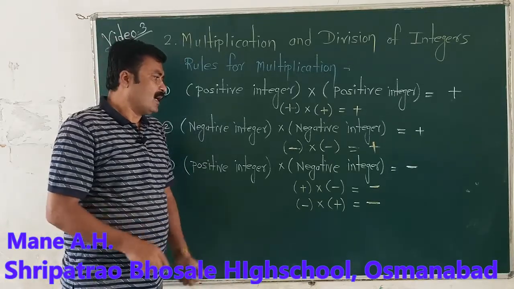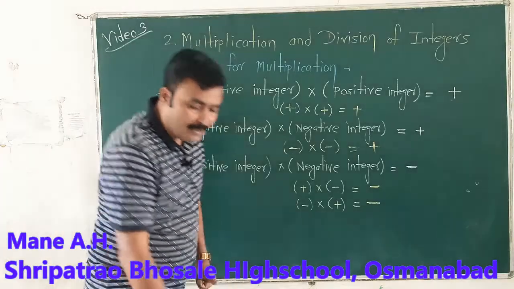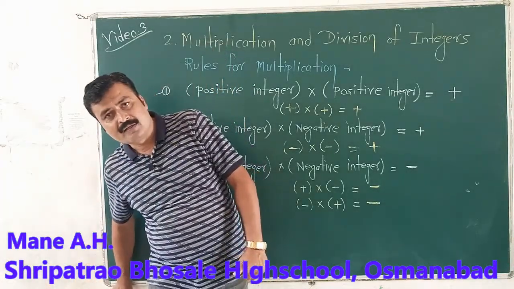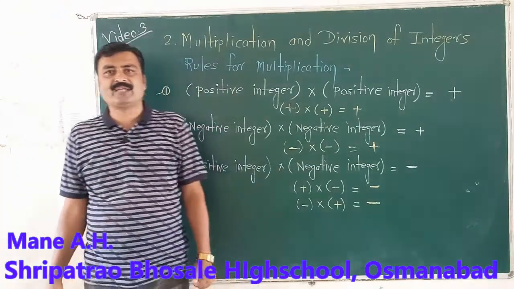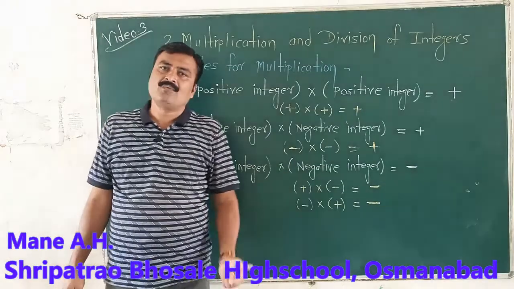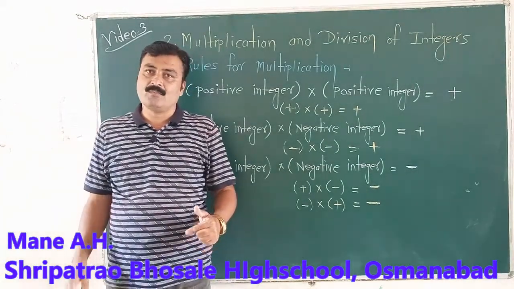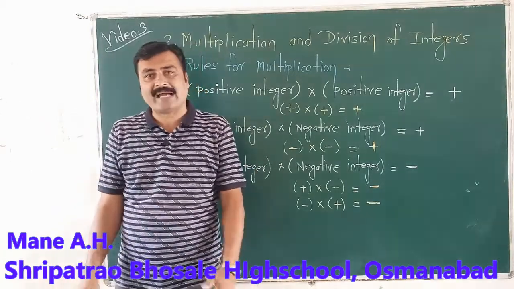Now after explanation of these rules here, now we can multiply two or more than two integers also. Like addition, we also do the multiplication process between more than two numbers at a time there.